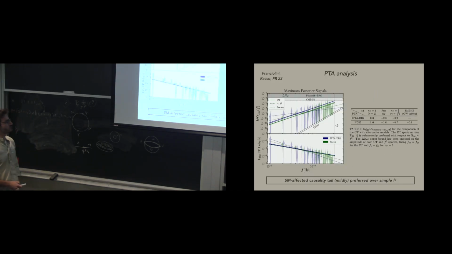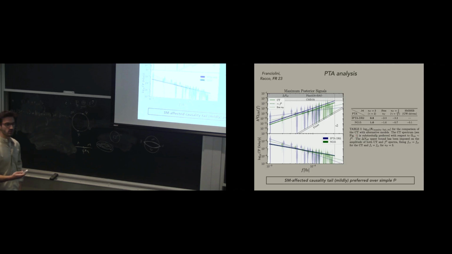Right, great question. We address this question by doing a fit to the data. That's what I'm presenting here. These plots are very similar to the ones I was showing before. But the comparison that matters, typically in astrophysics, is to compare Bayes factors between different models. You can compare a simple f cubed, which is the standard prediction, to the Standard Model affected causality tail, and you get a log 10 of the Bayes factor of 1 for NANOGrav.